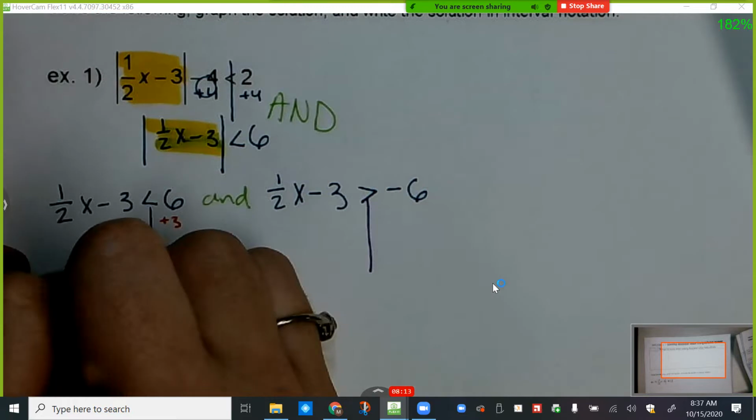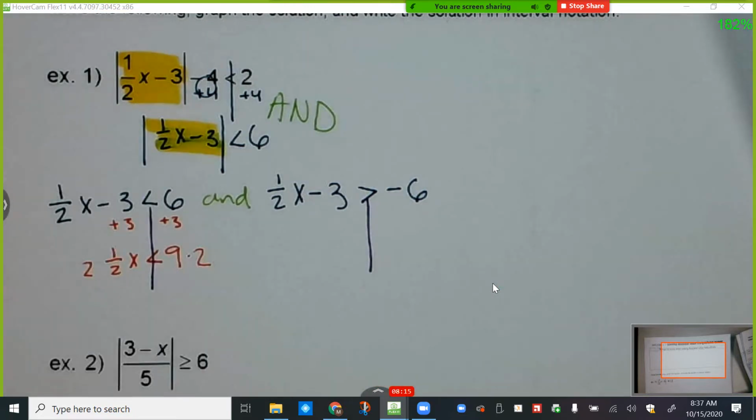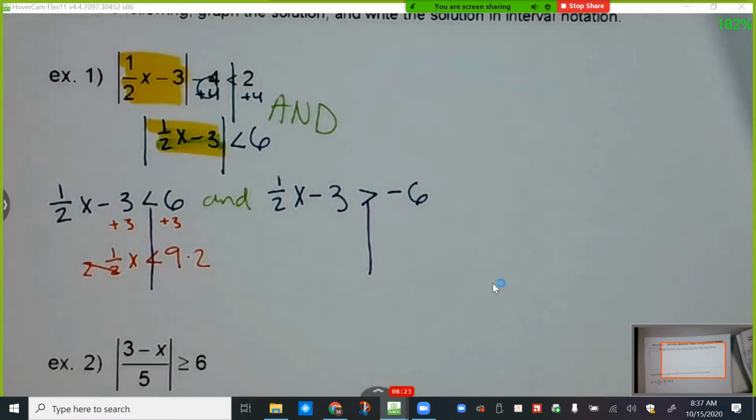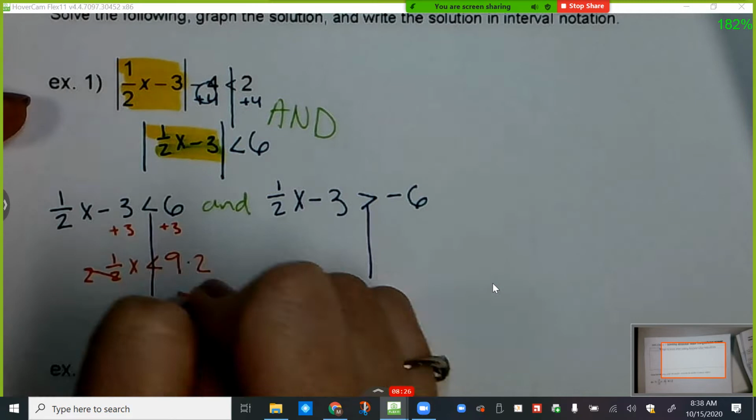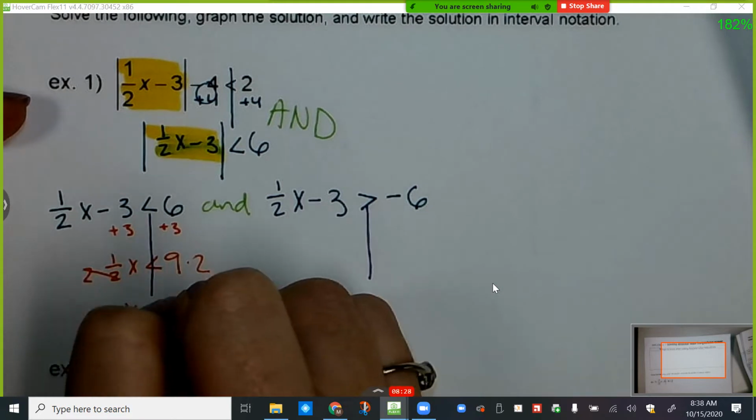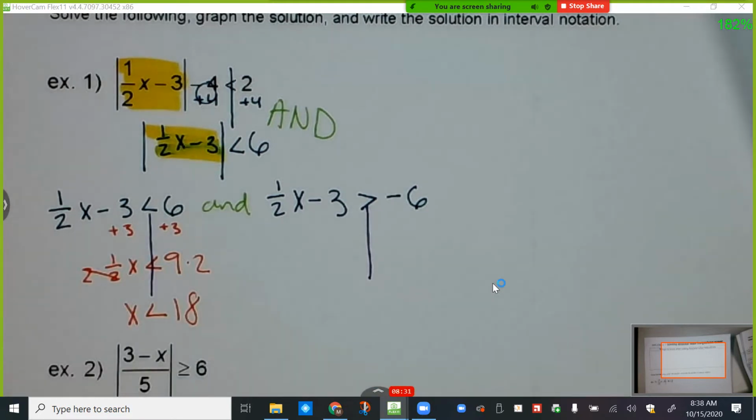Multiply both sides by 2. 1/2 times 2 is 1, so that cancels the 2. We want 1x is less than 9 times 2, which is 18. As long as you type it in the calculator, because 9 divided by 1/2 would give you a fraction over a fraction if you wrote it out.